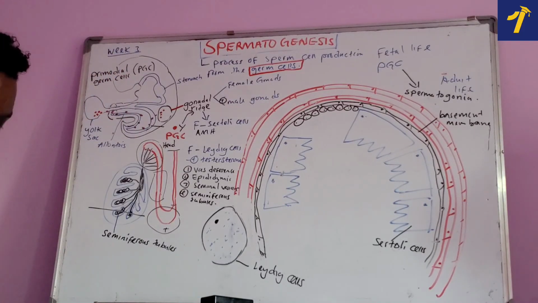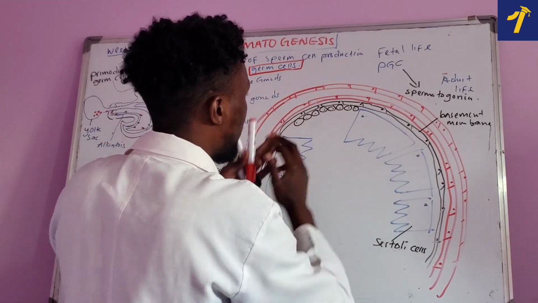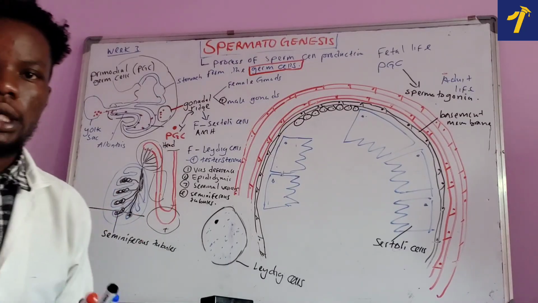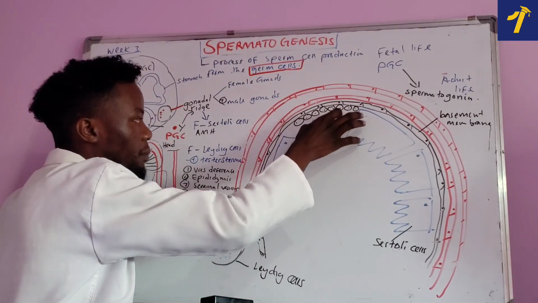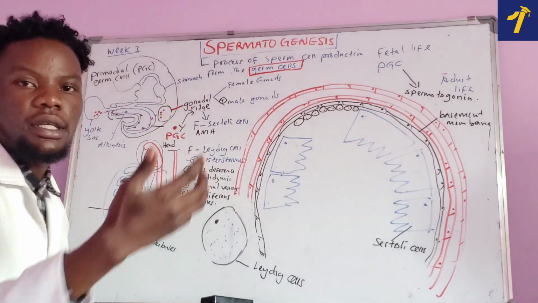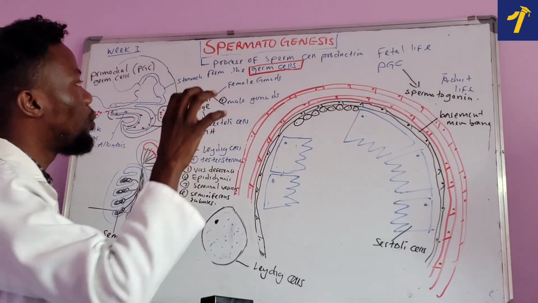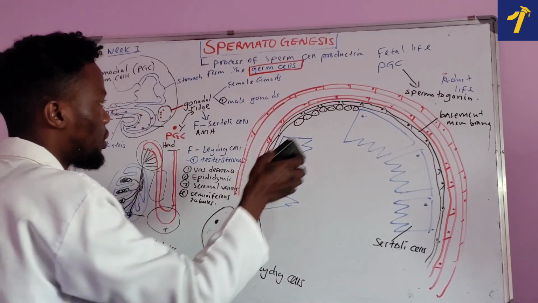Now, the question you can ask is, what are these spermatogonia going to start doing? They are going to be stimulated by something. Before anything happens, they don't just start proliferation and differentiation into other cells on their own. They are going to be stimulated by the pituitary gland.